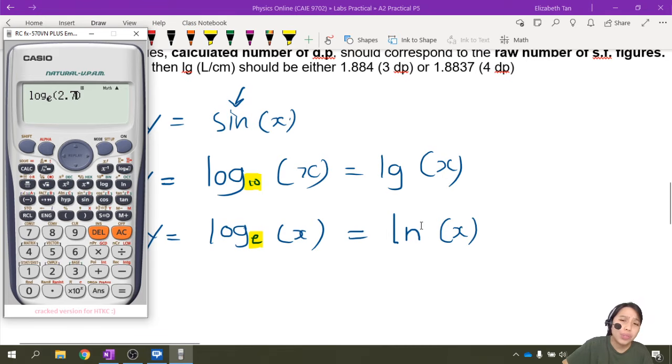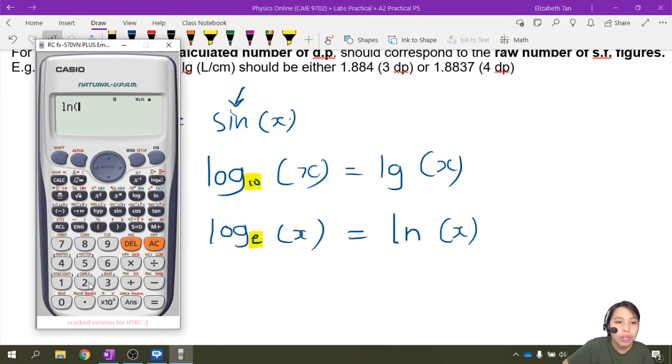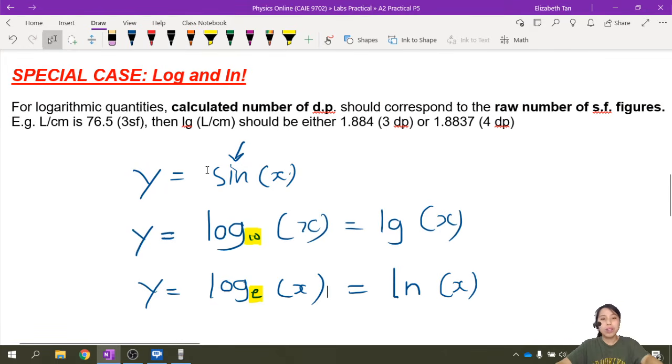But a shortcut is just to use ln. In fact, we won't write this at all. We'll just say ln in whatever equation. So ln, you should be able to find it on the calculator as well. If you look at this calculator, ln of whatever number you throw in. So that's how you do log and ln values. Okay, so that is the end of this crash course of what is log and what is ln.